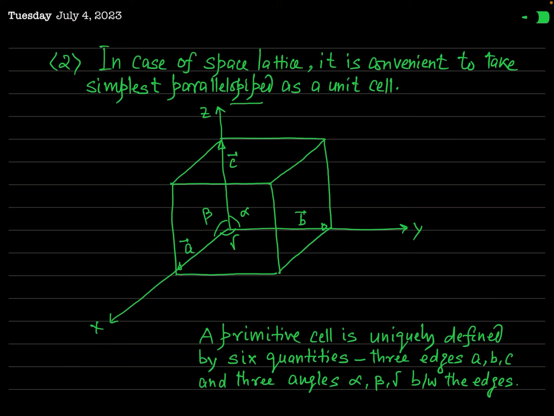parallelopiped, in this parallelopiped there are 6 quantities, you can say. There are 3 primitive translation vectors A, B and C, and 3 interfacial angles.